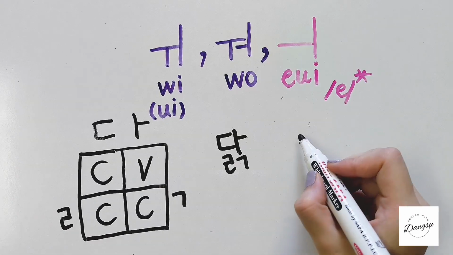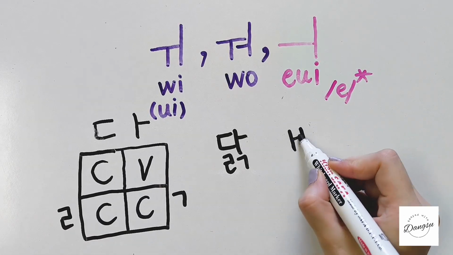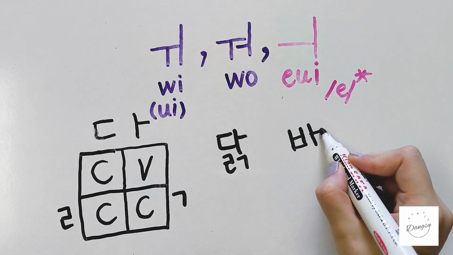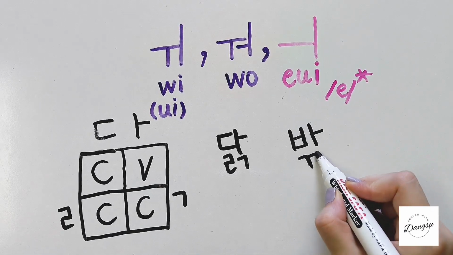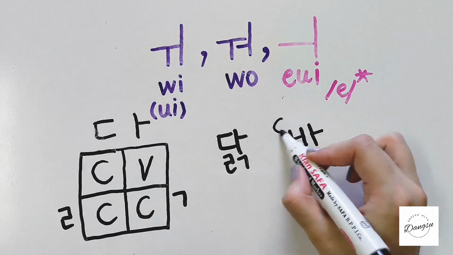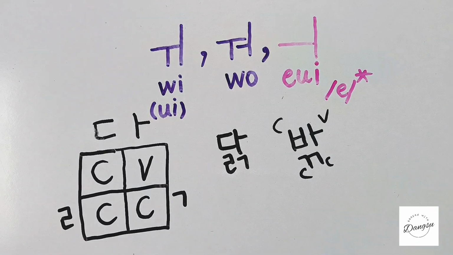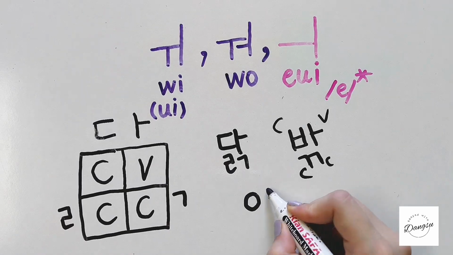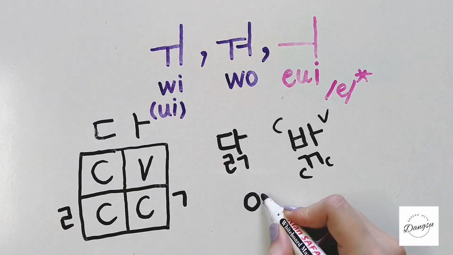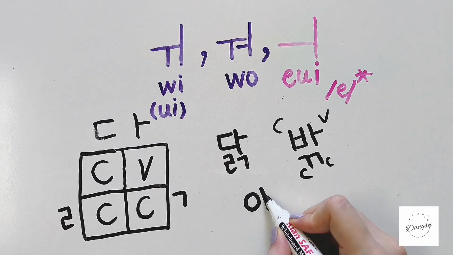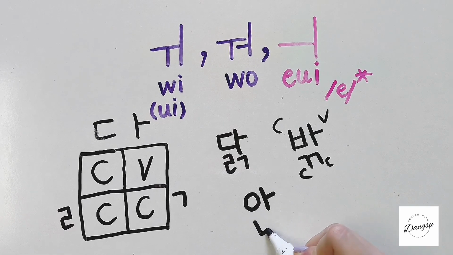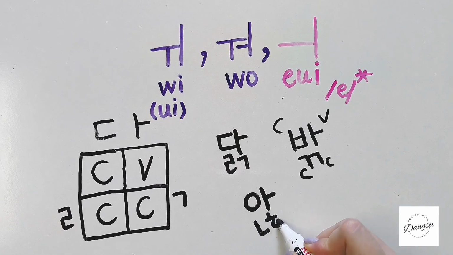Or take 박, for example. 비읍, 상기억. CVCC, right? Or iung, it's silent at the beginning of a syllable. 니은, 히읗, 안.